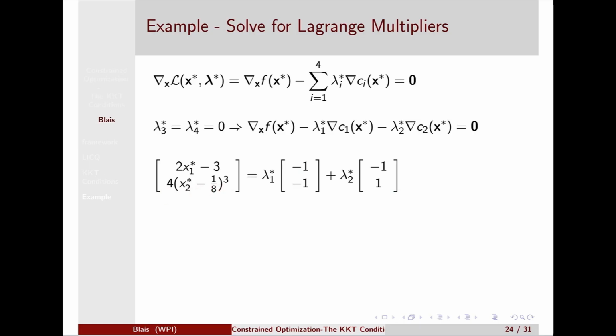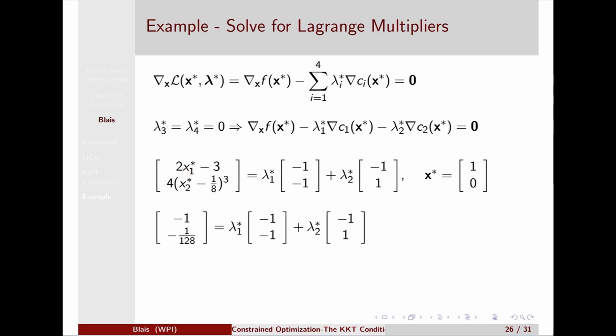Here we plug in, remember, x star was (1, 0), so we plug in 1 for x1 star and 0 for x2 star, and that gives us negative 1 and negative 1 over 128 for the left here. And this is now a system of two equations and two unknowns.